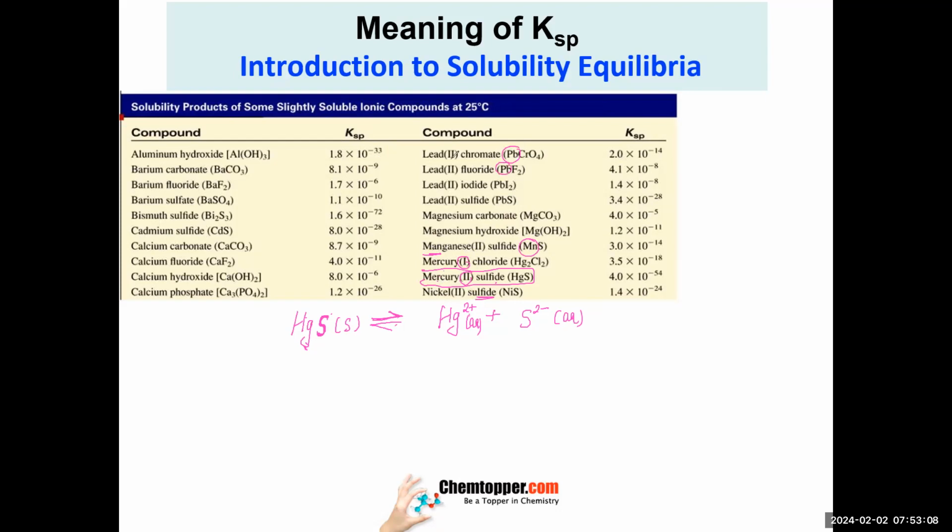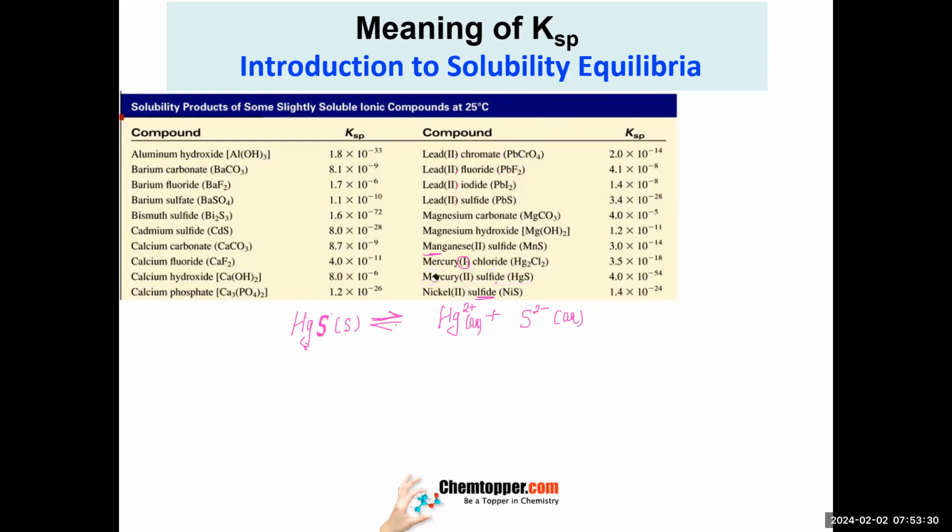Lead also shows different oxidation numbers, so we have to show it for lead also, though it's not a transition metal, but it's quite heavy. Then tin also. Yes, Anil, we did all these things earlier.